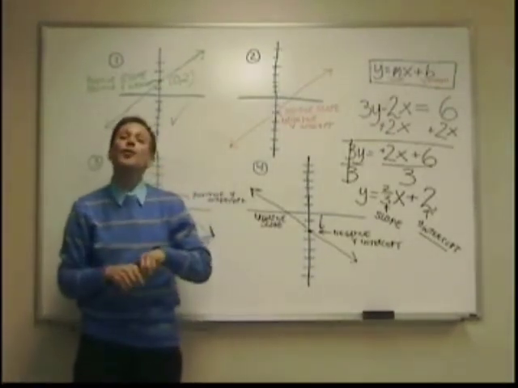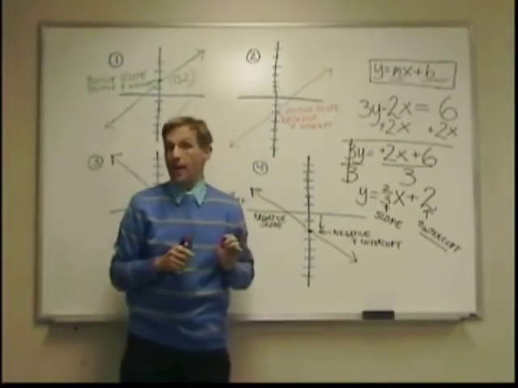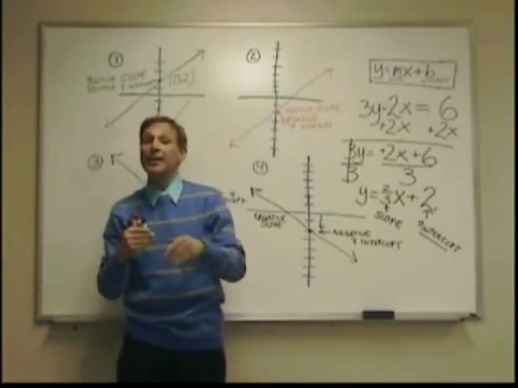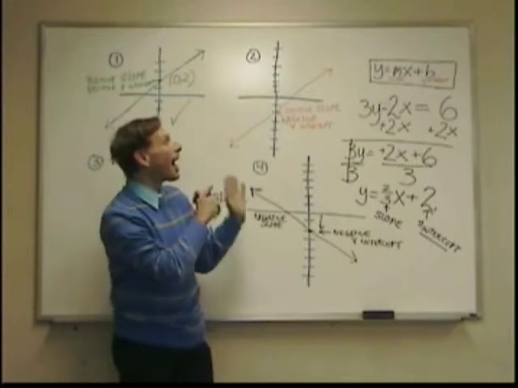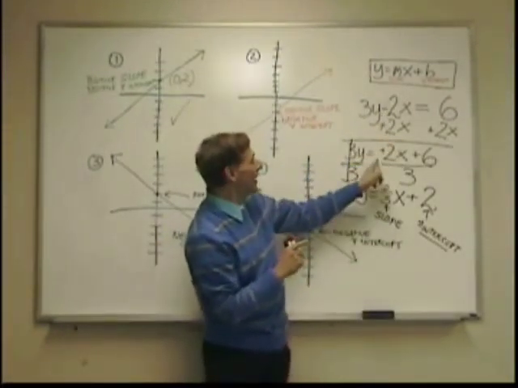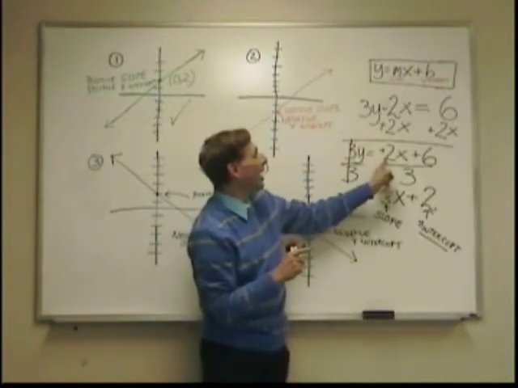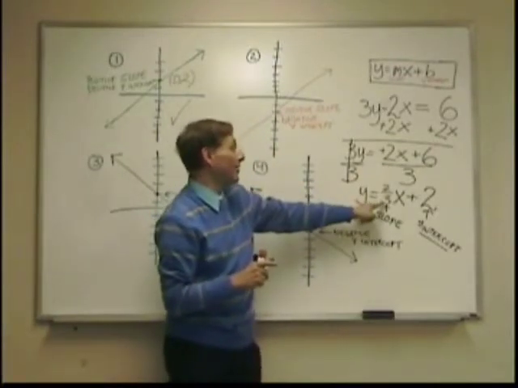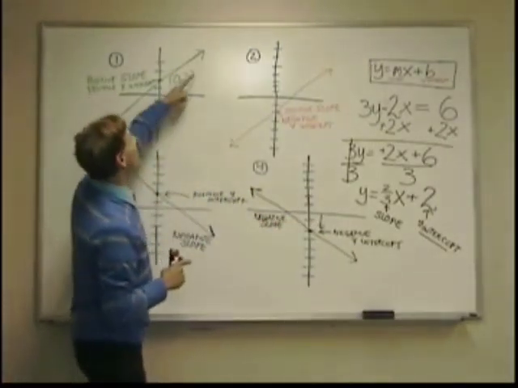So remember, once you get it into the y equals mx plus b format, you solve for y as you would to get the equation of a line. You look to see the positive or negative of the number next to the x. If it's positive, as this is, because I added 2x to both sides, and I have a positive 2x, when I get y by itself, it's a positive slope, meaning the slope is going up.